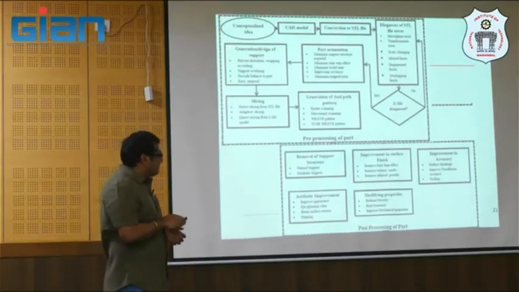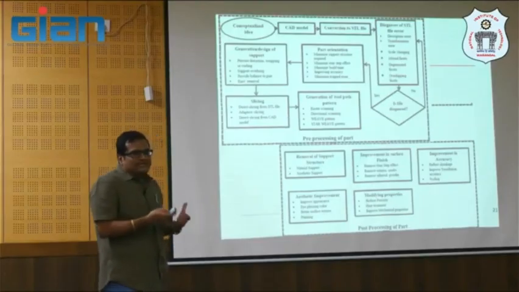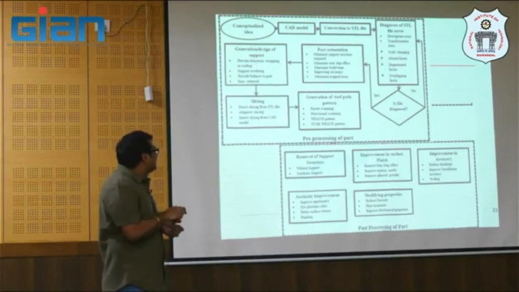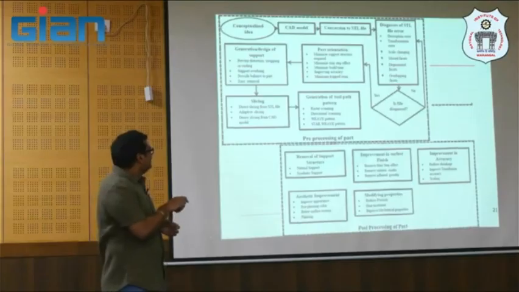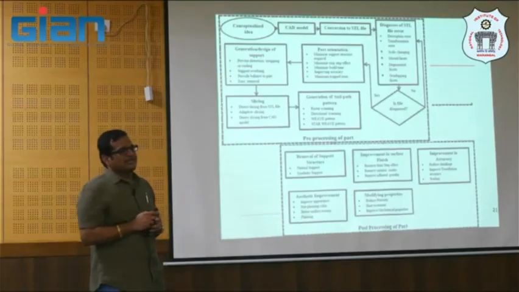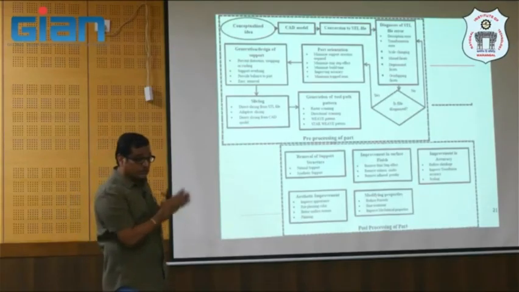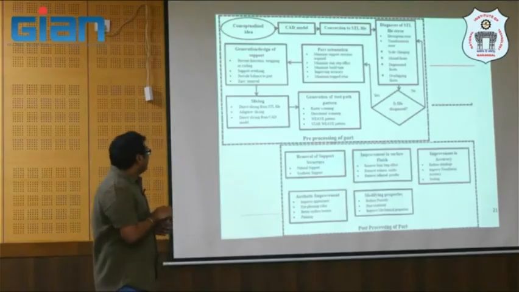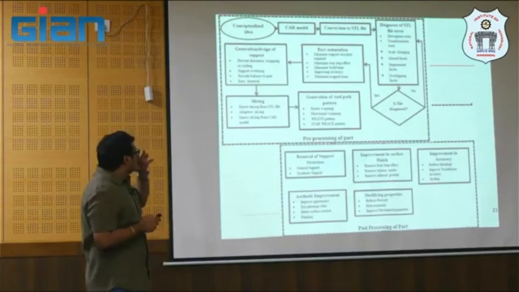Okay, if your STL file has been diagnosed and scanned and everything is okay, then you set up the part orientation, as we discussed, considering what the criteria could be to fix your part orientation, and generate the supports as well. This is very important.